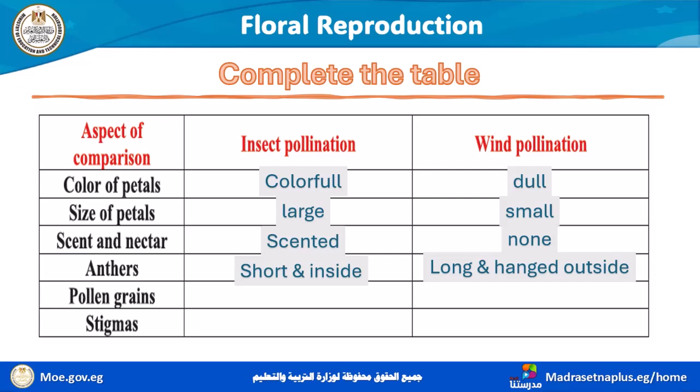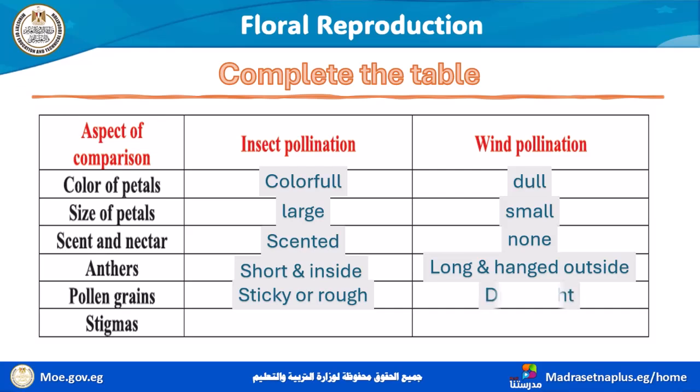In case of insect pollination, the pollen grains are sticky or rough to allow them to attach to the insects and allow the insects to carry these pollen grains from the anther of one flower to the stigma of another flower. So, in case of insect pollination, the pollen grains are sticky or rough.